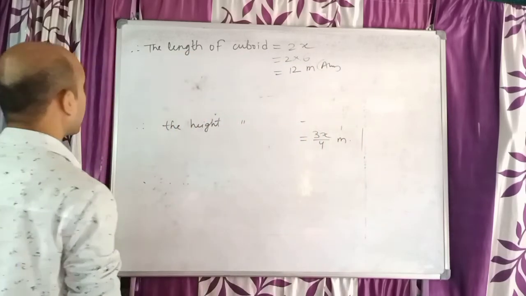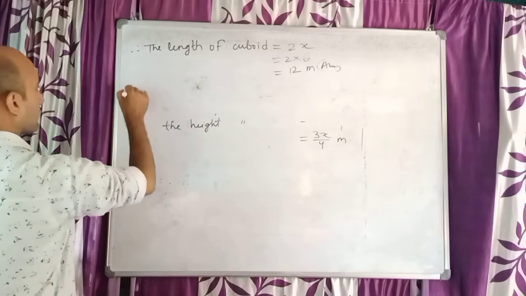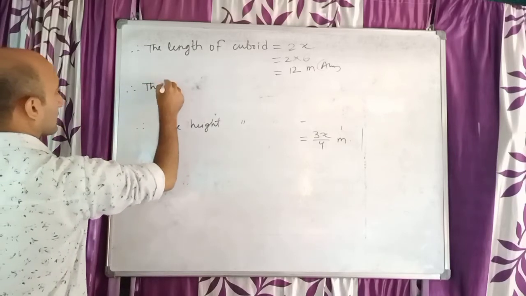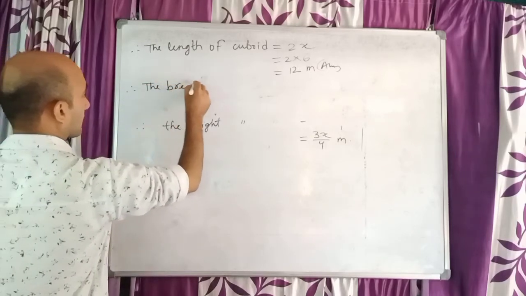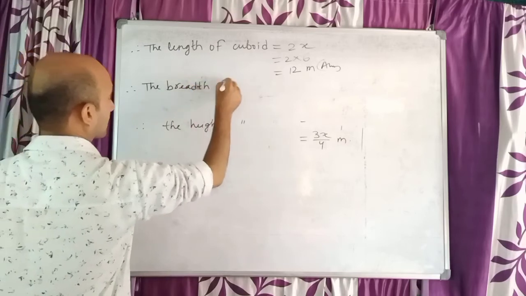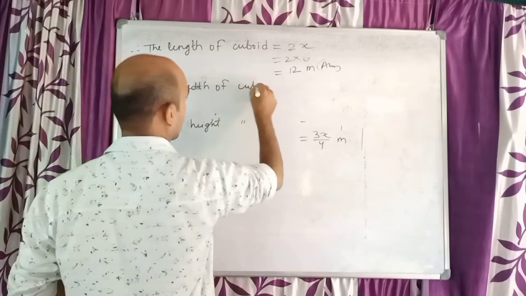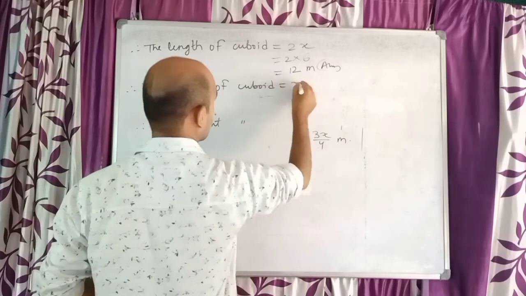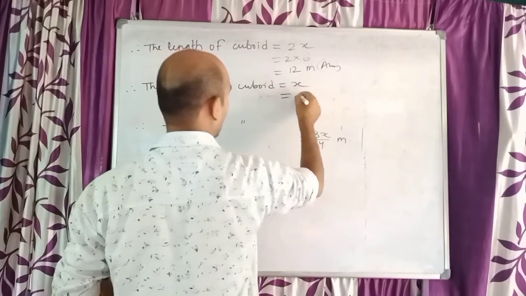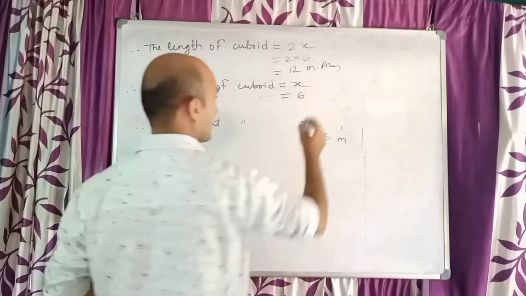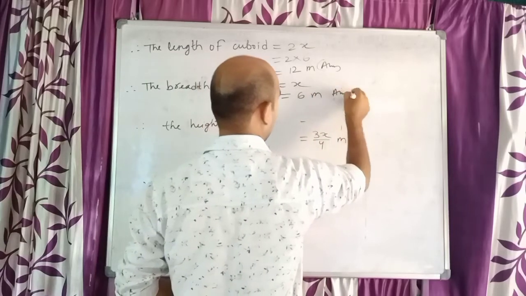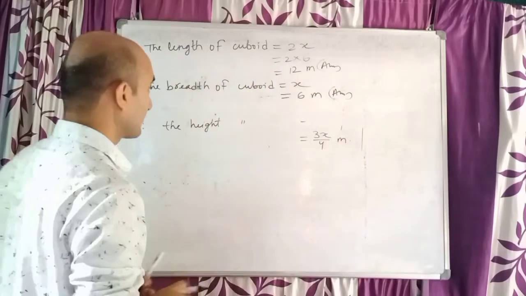Second answer, the breadth of the cuboid. Therefore the breadth of the cuboid was x, so directly the value of x is 6 meter. This is our second answer.